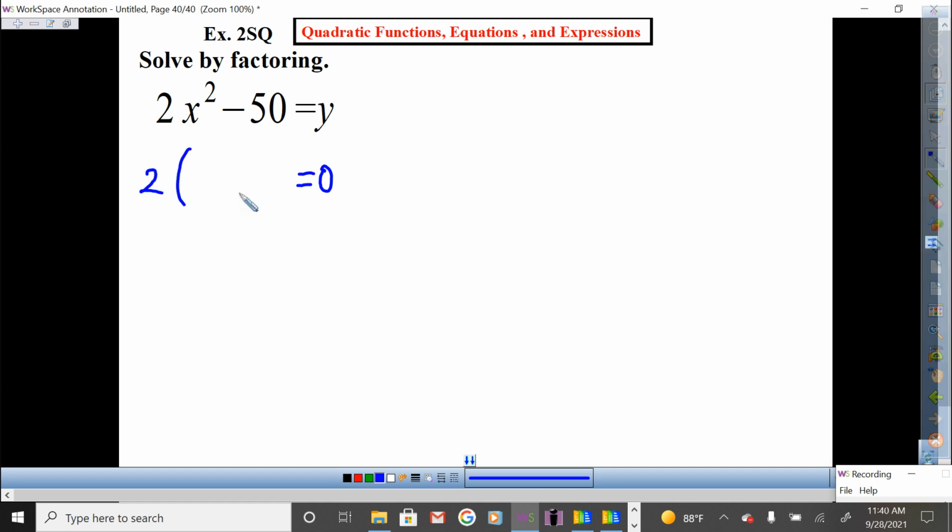Yeah, 2. That leaves us with x squared minus what? What's 50 divided by 2? 25. Okay. So far so good? Alright. How about this? Can we factor this inside of here? Yes. Tell your neighbor what x squared minus 25 is.